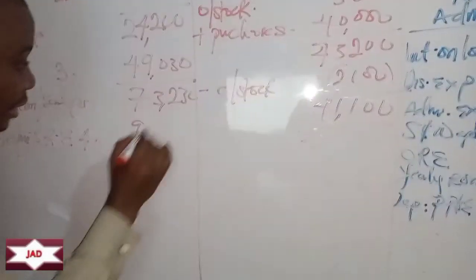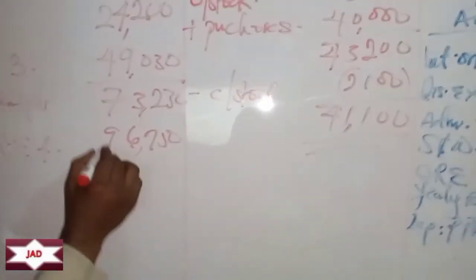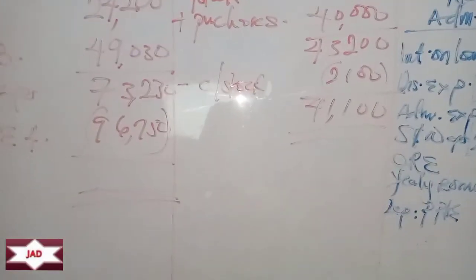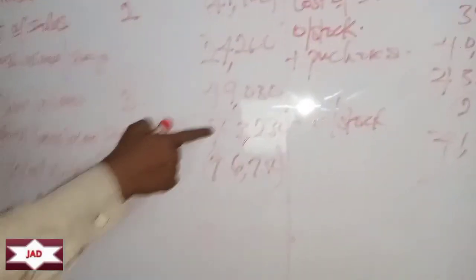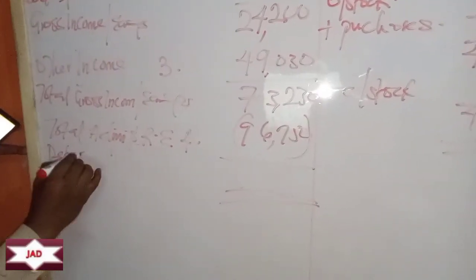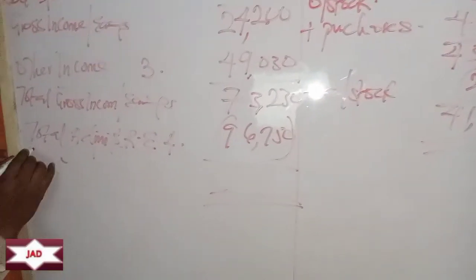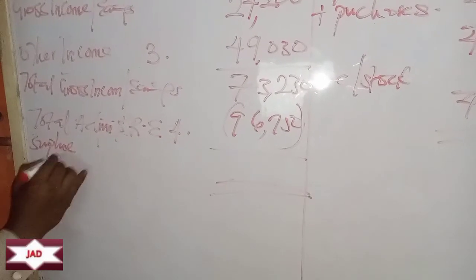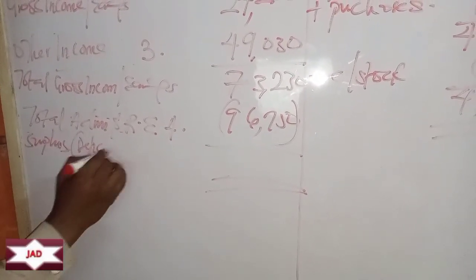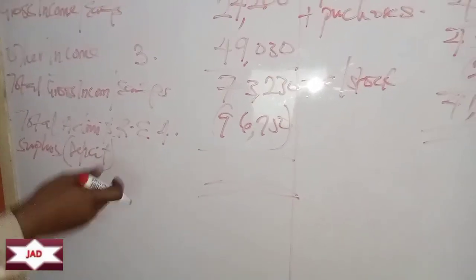What do you have? 96,750. So as you can see here, your total expense is more than your gross earnings. So what do we call this? As a non-profit making organization, you can call it a deficit. So we say surplus or deficit. A deficit is when your total expense is more than your income. So what do we have there?